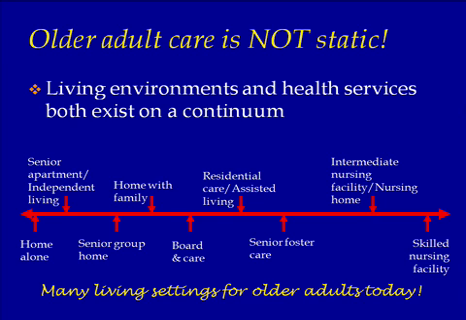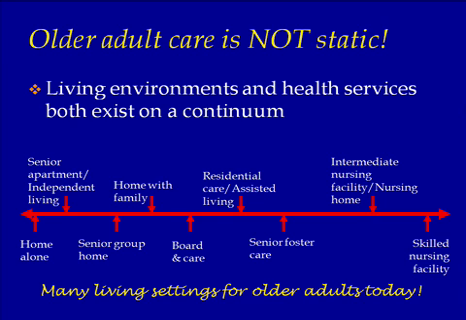So when we look at the slide and some of the ideas here, the take-home message is that there are lots of options, ranging from living at home alone to living in a skilled nursing facility in terms of living environments. And then there are all these other options along the way.